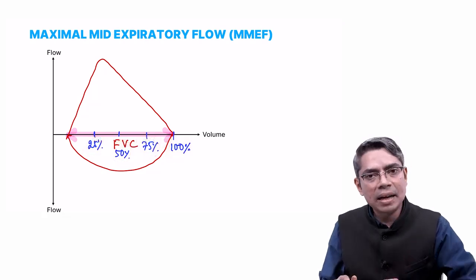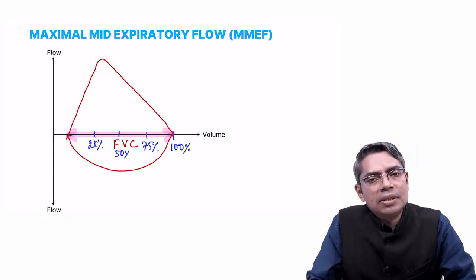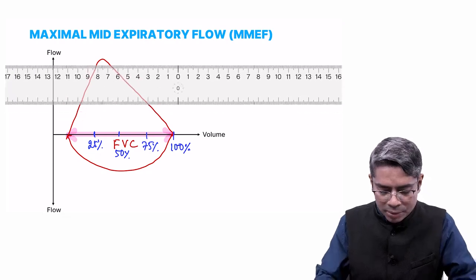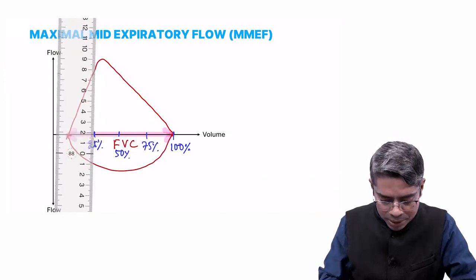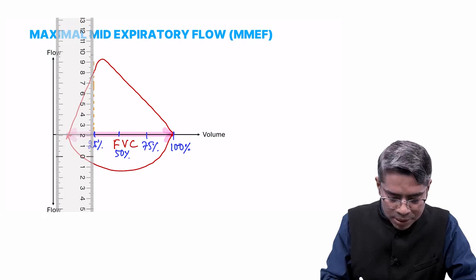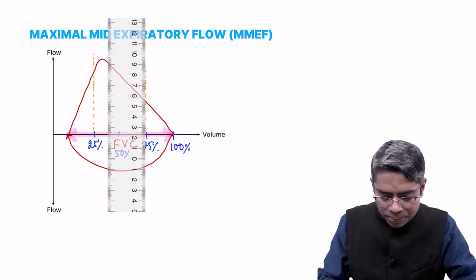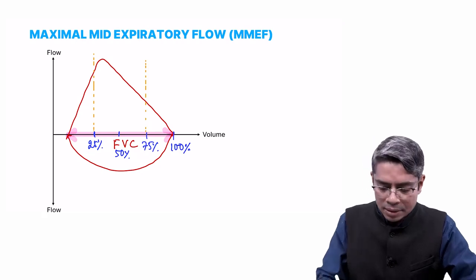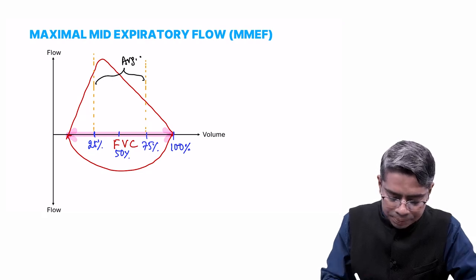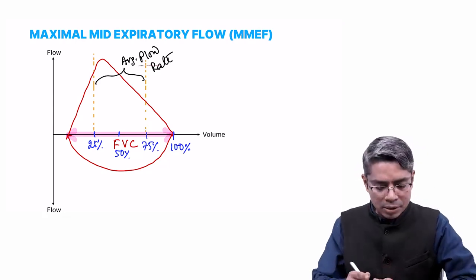Now if I want to measure the flow rate at the middle part of the expiration, the middle part means if you measure the flow rate between this 25 percentage to 75 percentage. So from this 25 percentage point to the 75 percentage point, within this zone, the flow rate during this middle part, not the average.